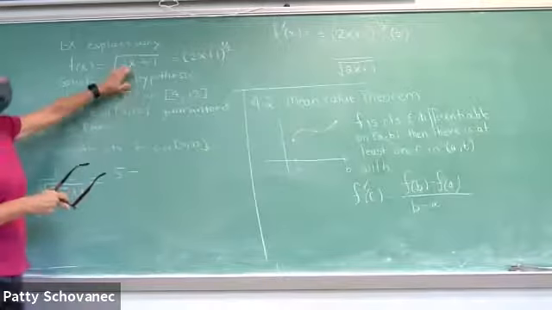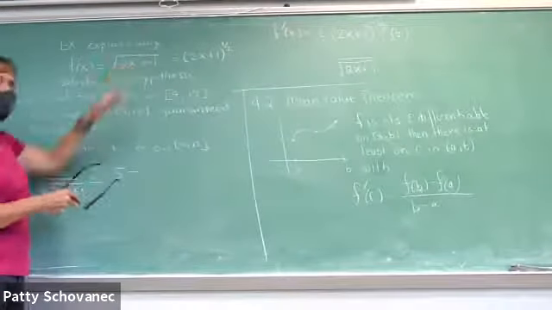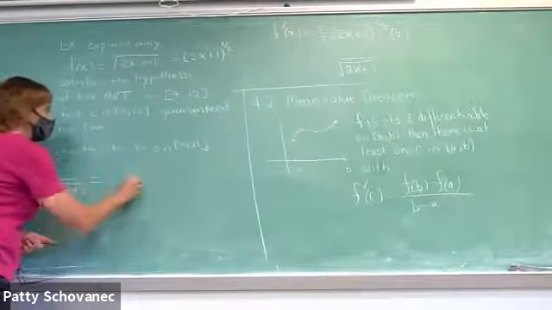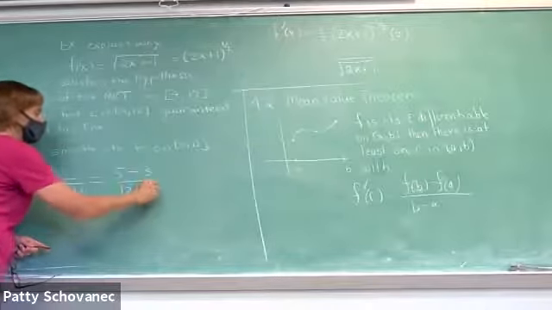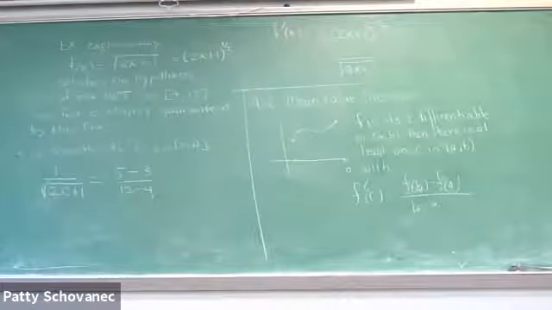Minus f of 4, which is 3. And then we divide that by 12 minus 4. So the right-hand side simplifies to 2 over 8, which is 1/4.